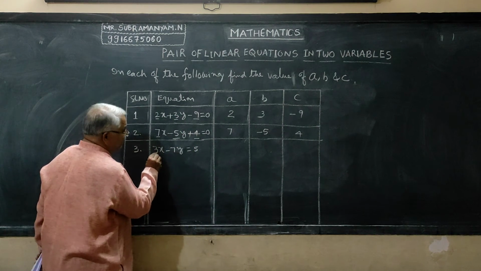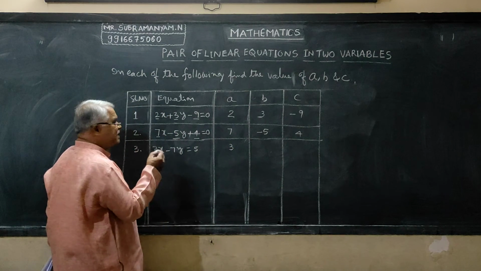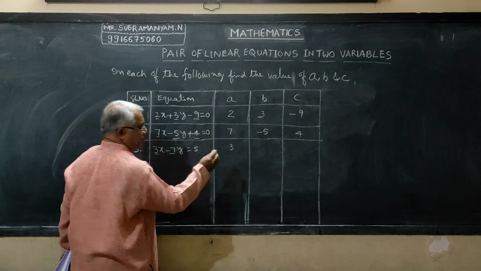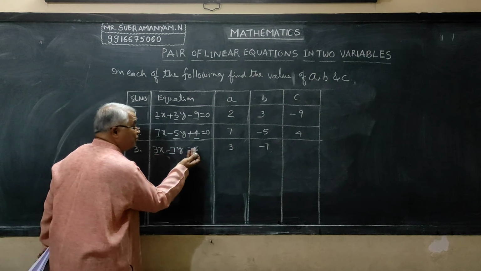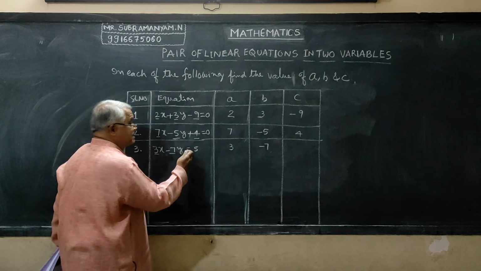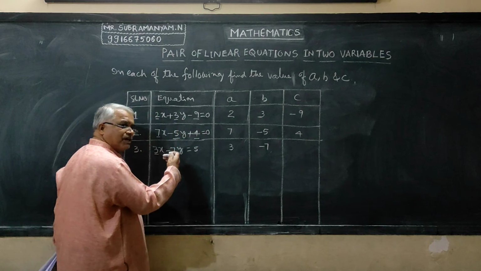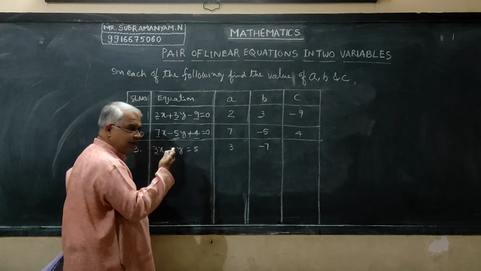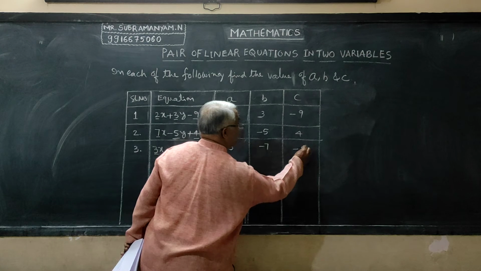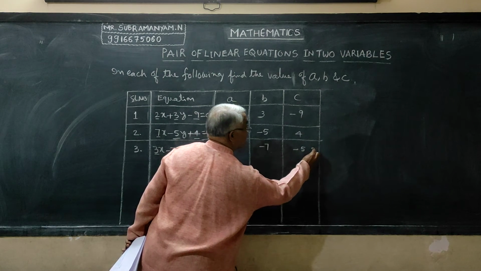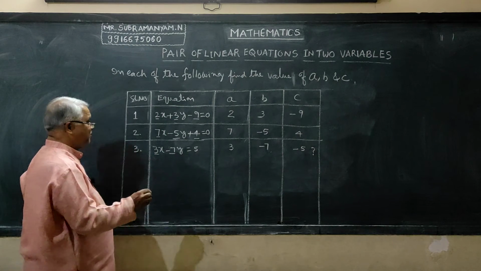Now, this is the value of a. This is the value of b, minus 7. 5 should be before equals. Since 5 is after the equals, bring it to left side. It becomes minus 5. Therefore, c value is minus 5. I will put a question mark here. You should think why we have written minus 5.